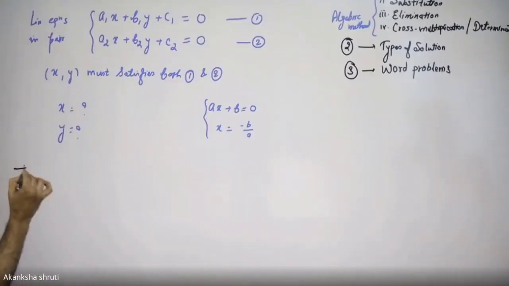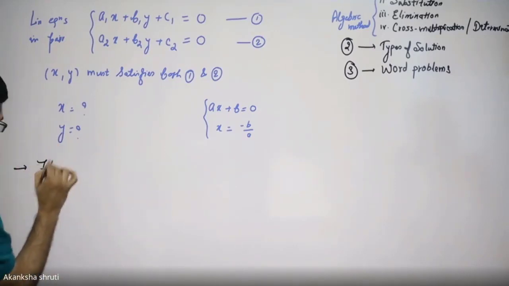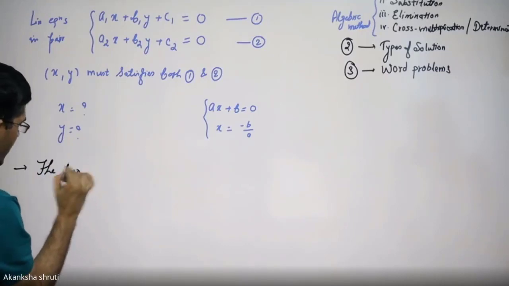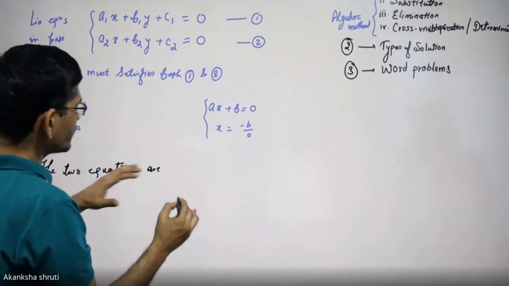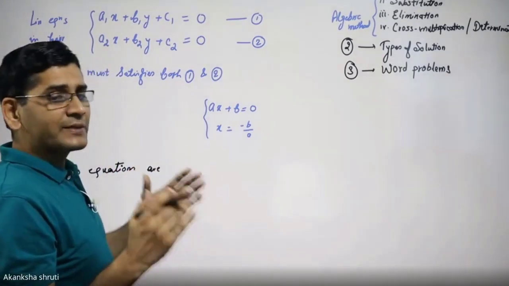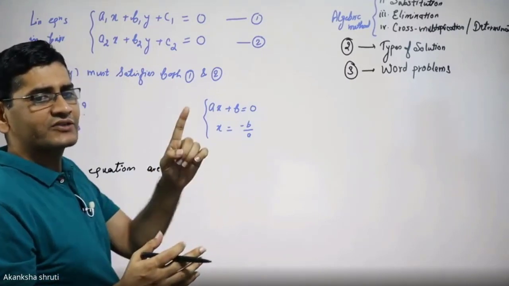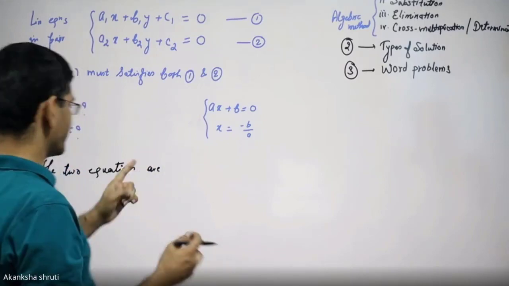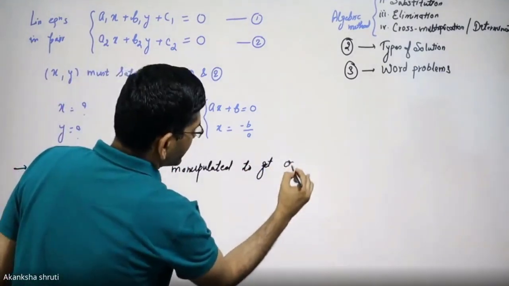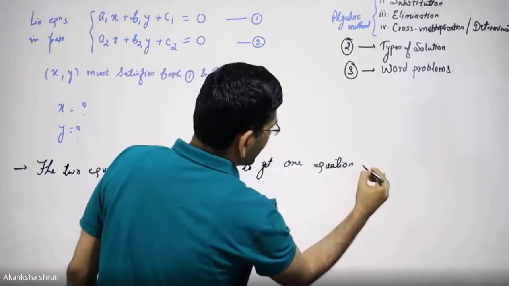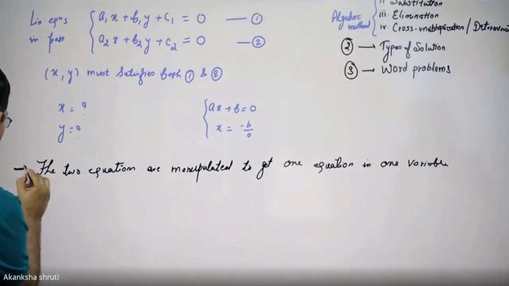The theme of this method is that the two equations are manipulated, multiplied, divided or substituted in such a manner that we get one equation in one variable. Students, this is the tool that we are using in both.